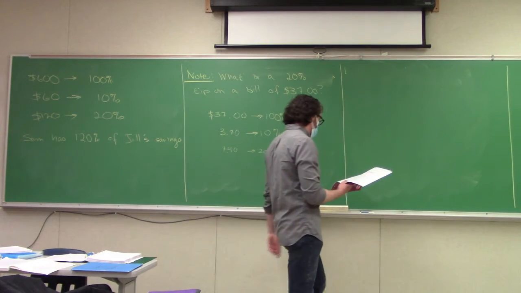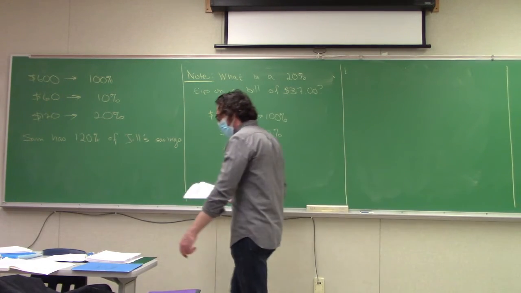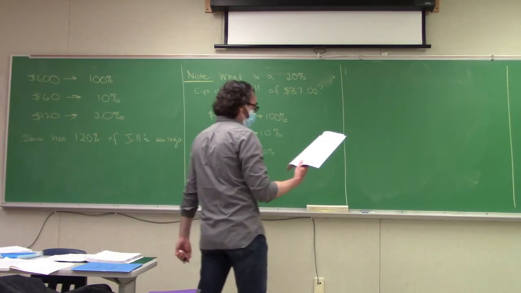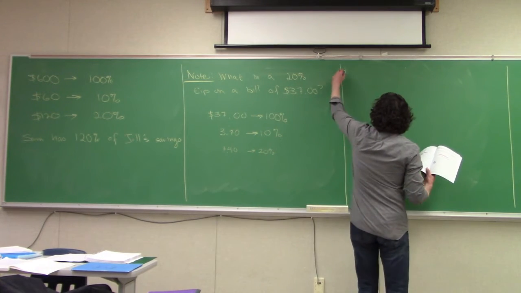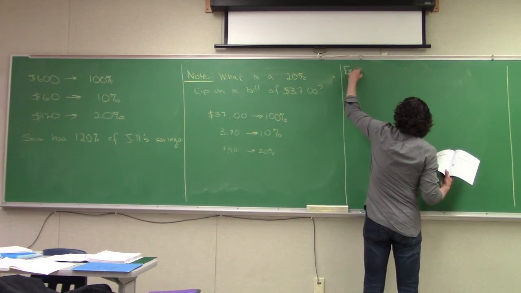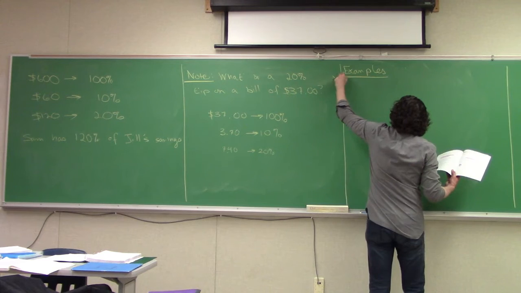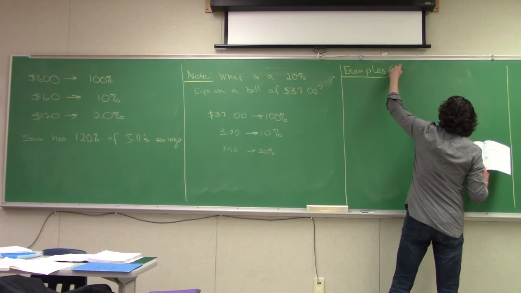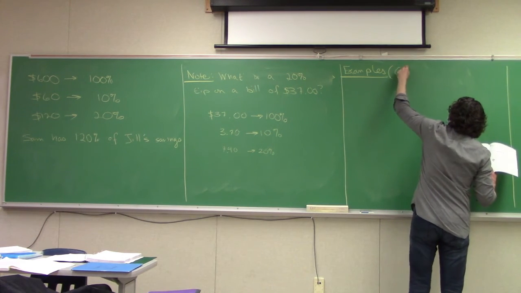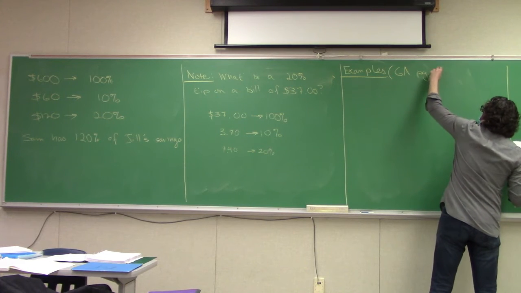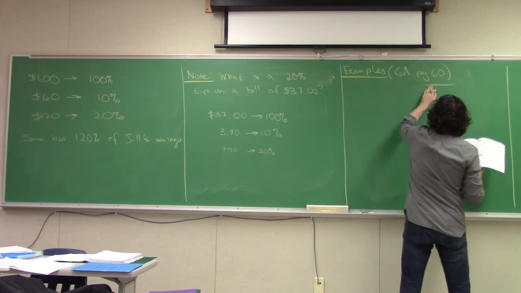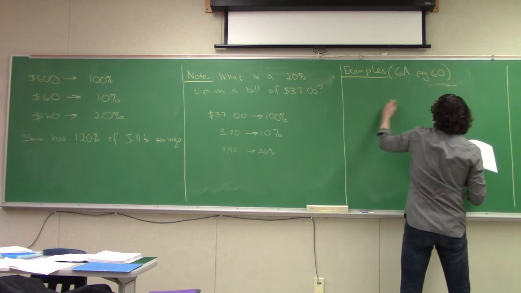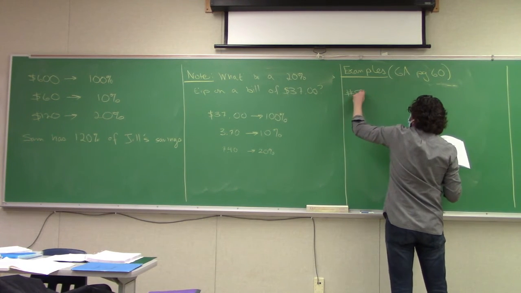Okay, here's a nice one. So if you've got the book, I'm working on problem number 5 here. Whole bunch of percentage problems. So this is primary math 6A, page 60. We're looking at number 5.